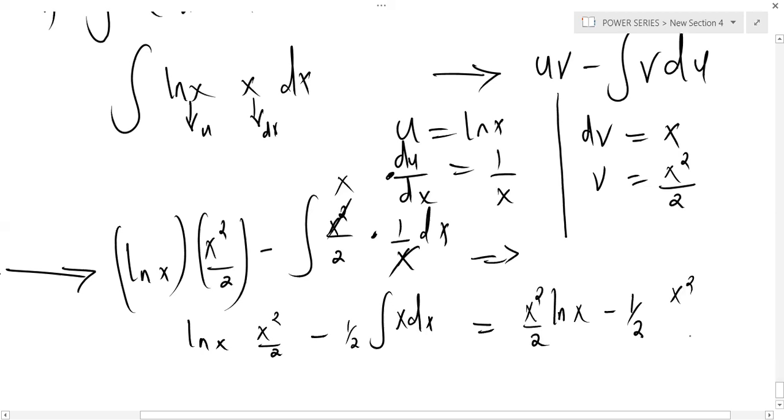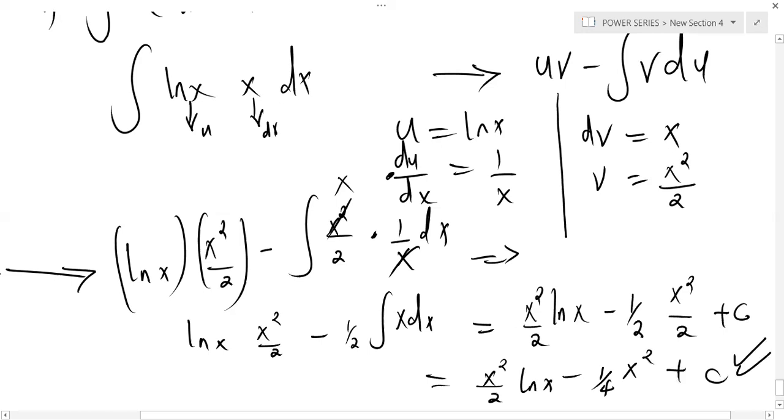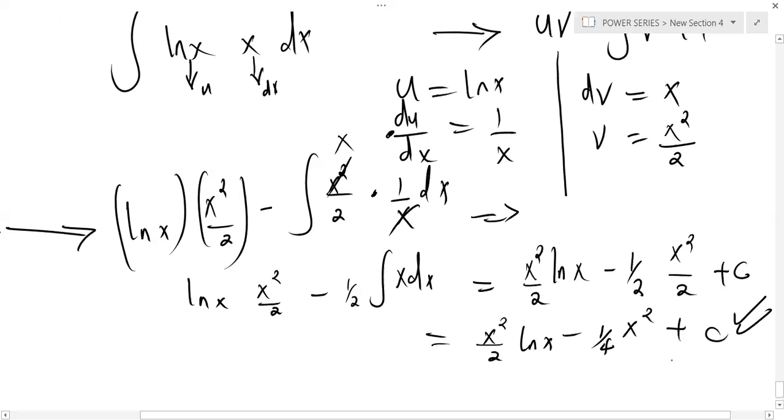X squared over 2 plus c. So this simply becomes x squared over 2 ln x minus a quarter x squared plus c. That is it for that particular question. If you have a question, ask.